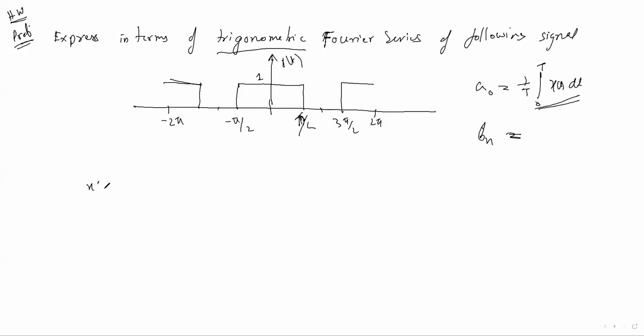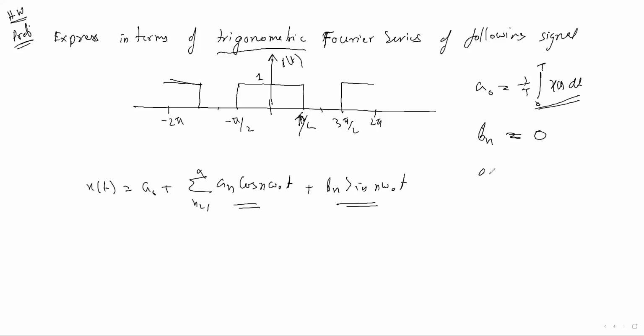So let me write the equation for the trigonometric Fourier series: A naught plus summation n equal to 1 to infinity of an cos n omega naught t plus bn sin n omega naught t. This is the odd part, this is the even part. Since this signal is an even signal, we can say by looking at the graph that the bn value will be 0.